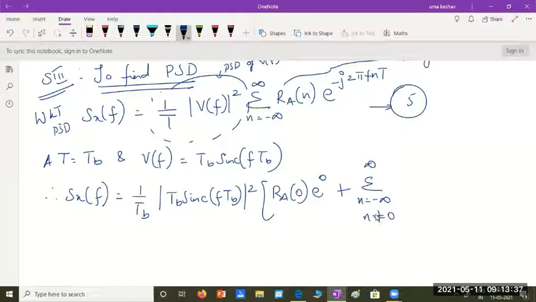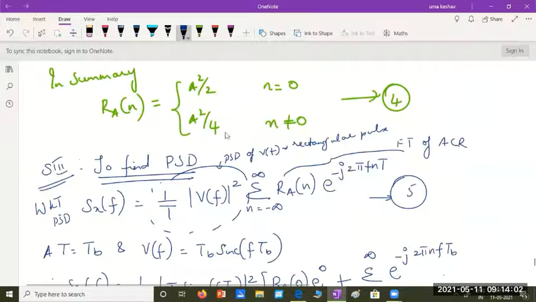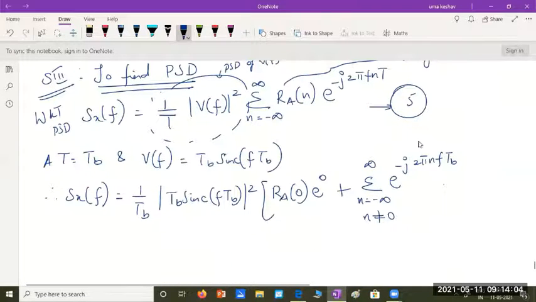This is e to the power of minus j2 pi n f TB, into the value of RA of n for n not equal to 0. How much did we get? A square by 4. So I'll multiply that by A square by 4.